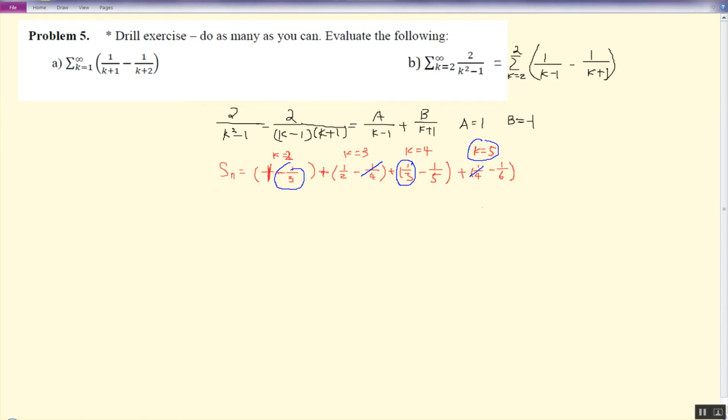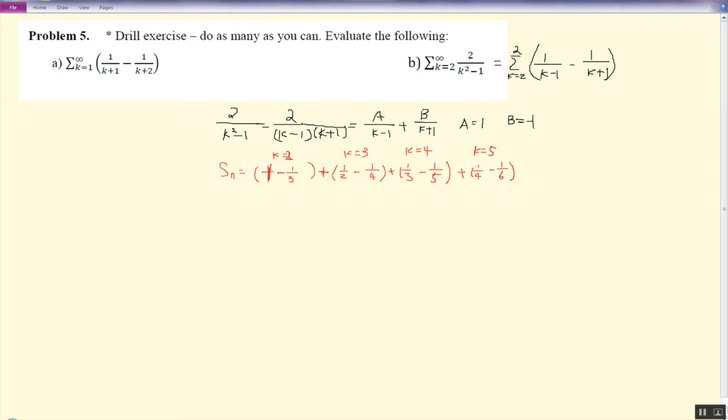Now, if we stop at k equals 5, what are we left with? We're left with this term, this term, and this term. There are 4 terms left. This is something that we need to note down when we do the observation.